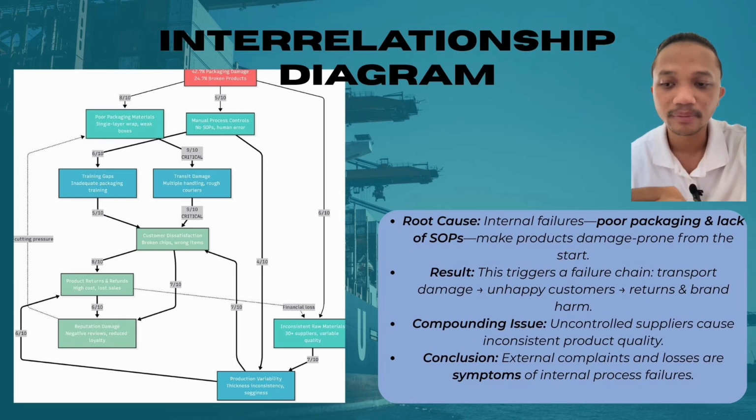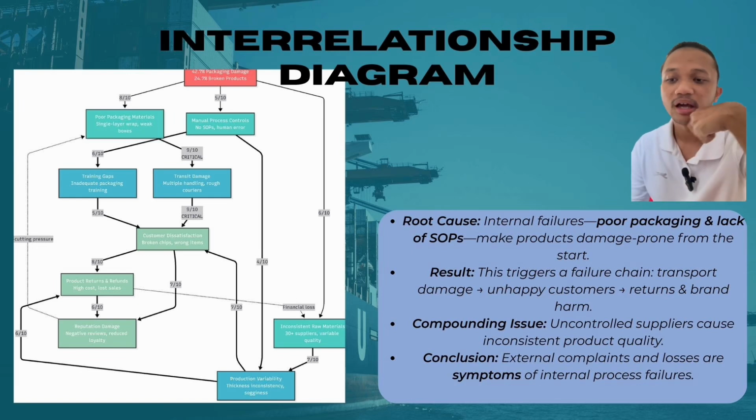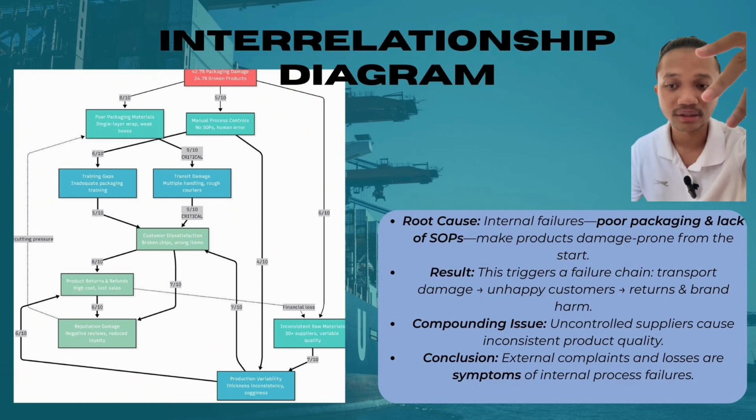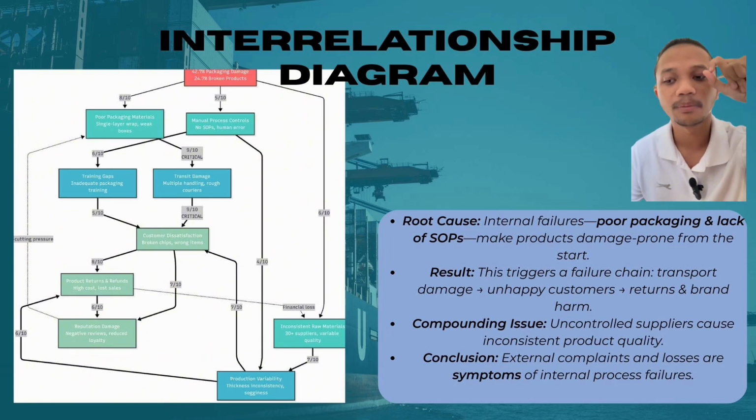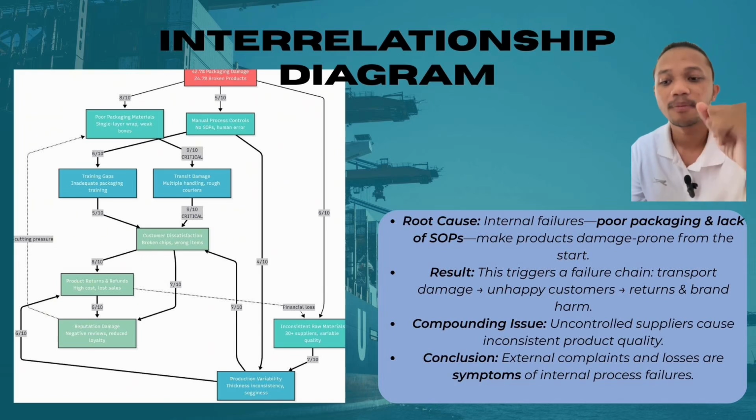A secondary compounding issue stems from unreliable suppliers, which introduce inconsistent raw material quality. Ultimately, this demonstrates that our external financial loss and negative reviews are merely the symptoms of deeper internal process failures in packaging, control, and supplier management.